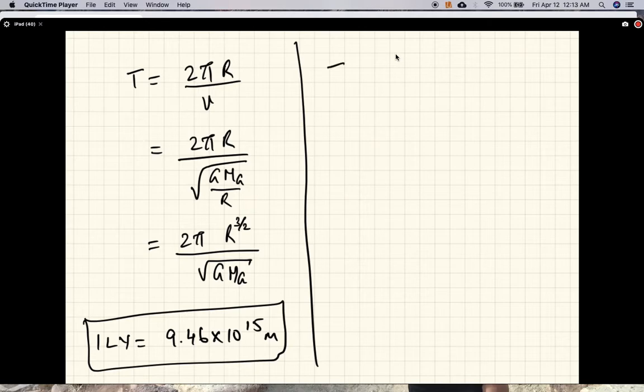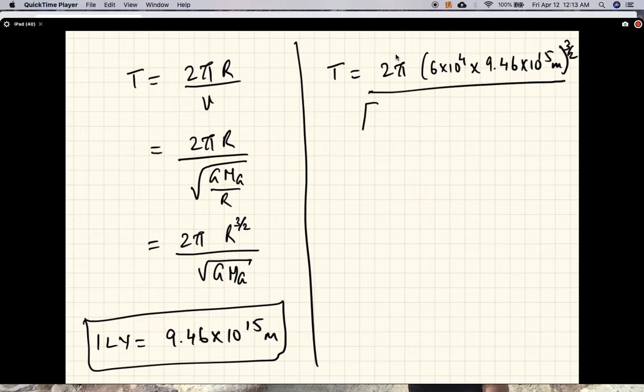So the period is 2 pi, R is 6 times 10 to the power 4 light years, and each light year is 9.46 times 10 to the power 15 meters. This is raised to the power 3 halves, and G is 6.67 times 10 to the minus 11 newton meter squared per kg squared.